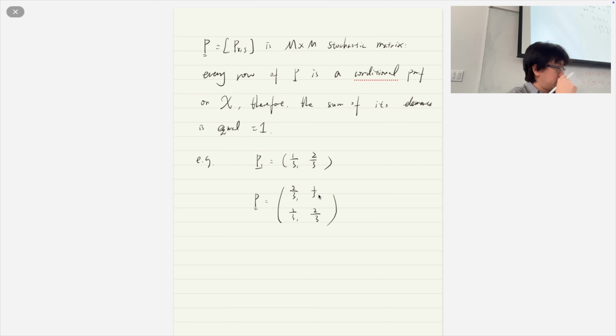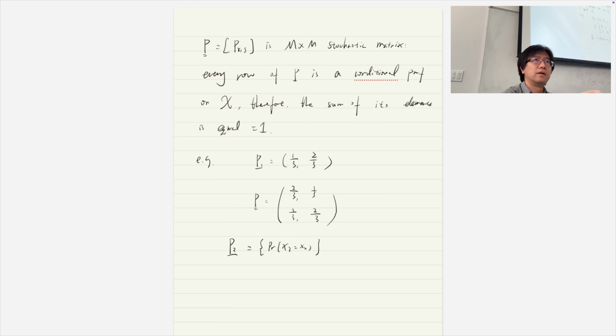Now let's compute the distribution of X2. What's the distribution of X2? Let's compute P2 here, that's basically the probability that X2 equals x2. How can we compute that? Basically we use the total probability formula.